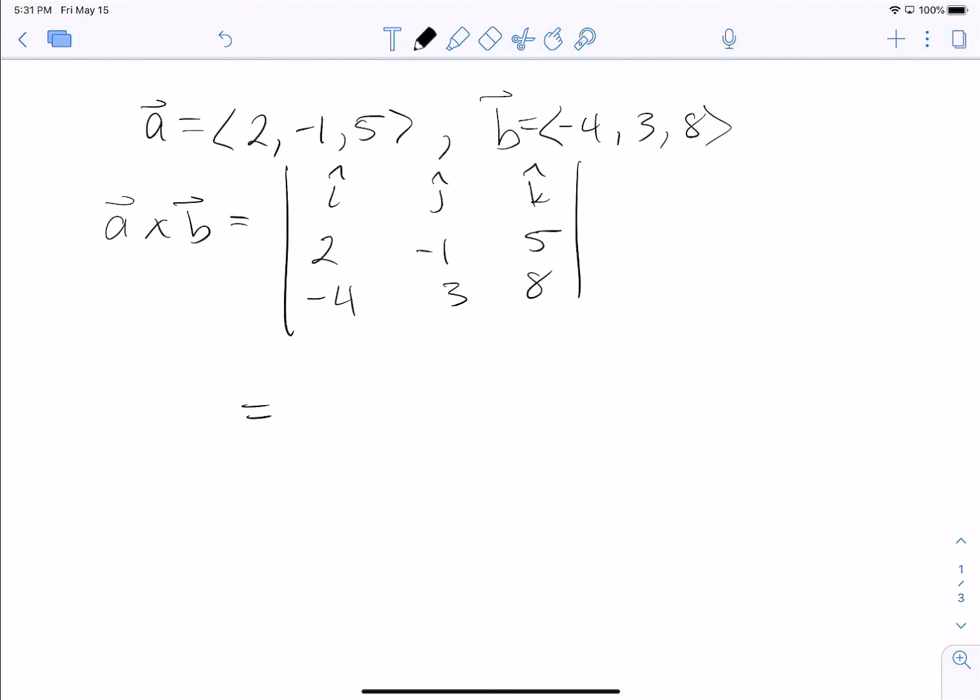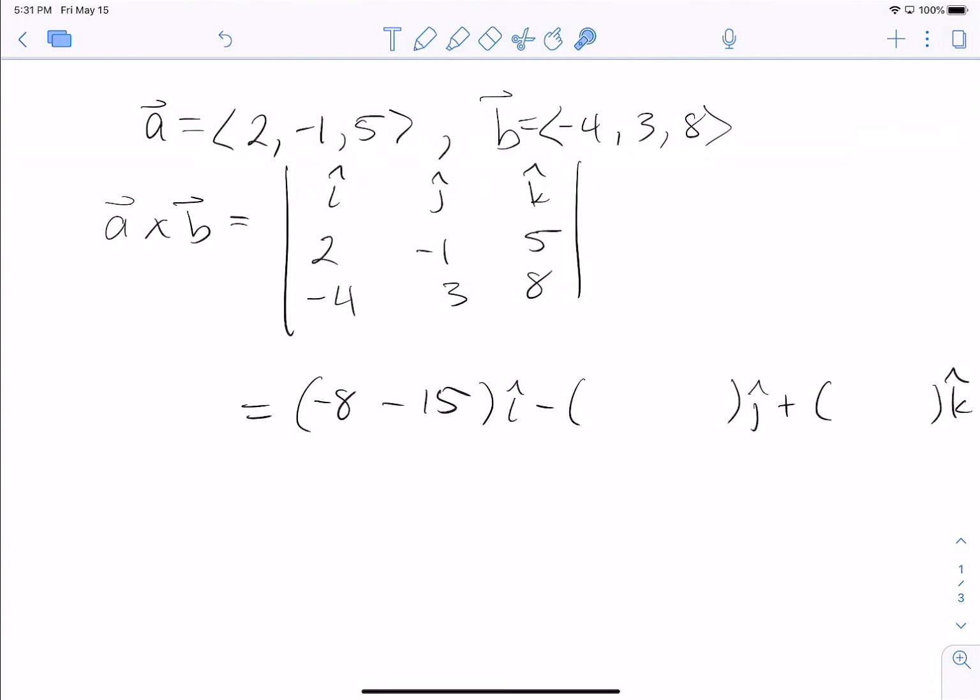In order to compute this, I'll give you the structure that I often write down. Parentheses for a determinant that we're going to write times i minus, because the j component always has a negative in front, right? Parentheses in front of j plus parentheses in front of k, and now I don't have to worry about i, j, and k. Crossing out the row and column that contain i, we have -1 times 8 minus 3 times 5.